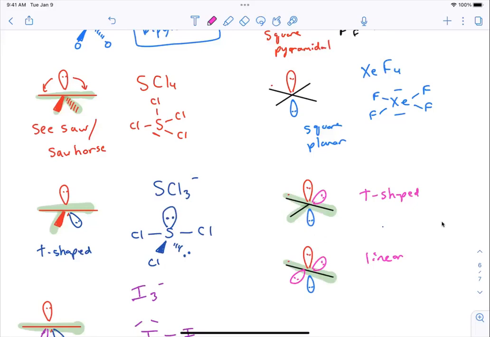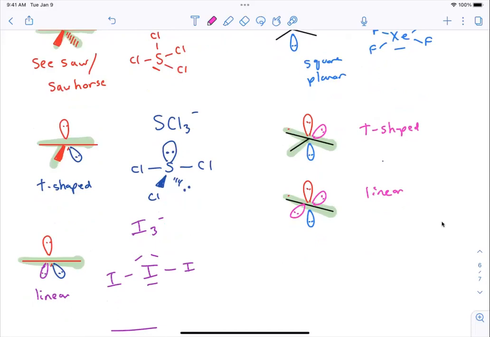Now, if you can memorize them and you still have plenty of space in your memory, go for it. But if you can figure this out on the fly, it will reduce how much you need to memorize. So memorize the electronic geometries and then figure out how to break those down into different shapes. Okay.